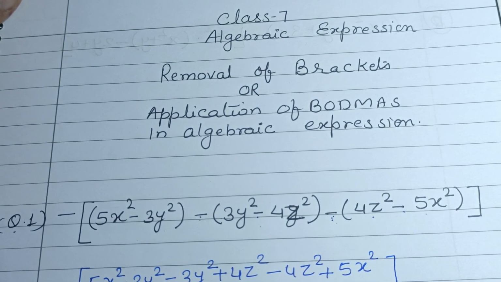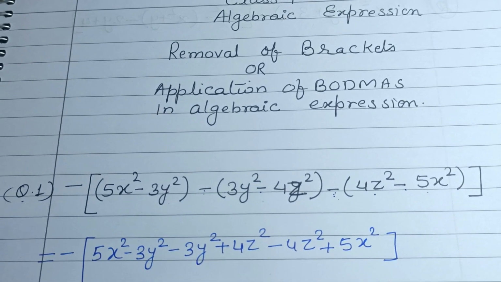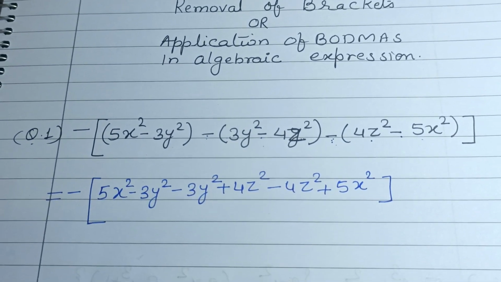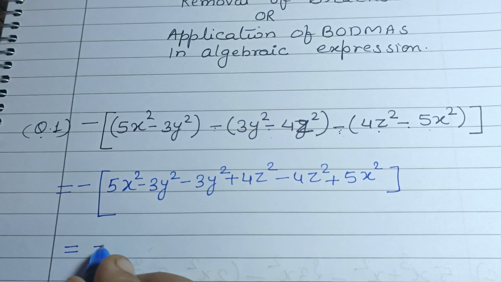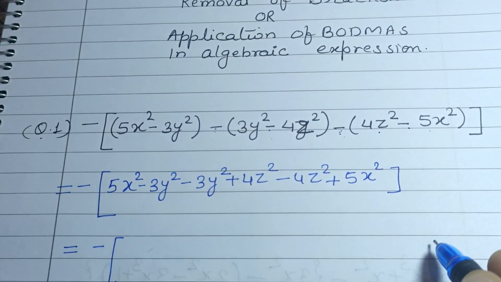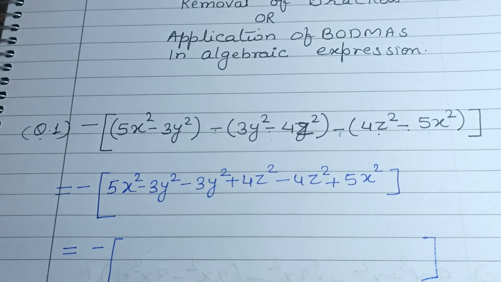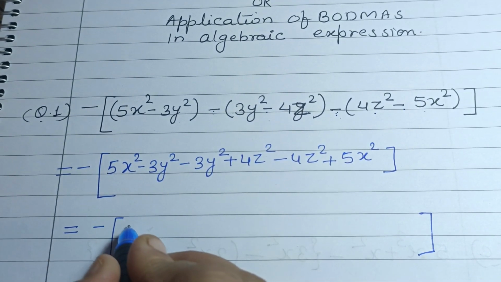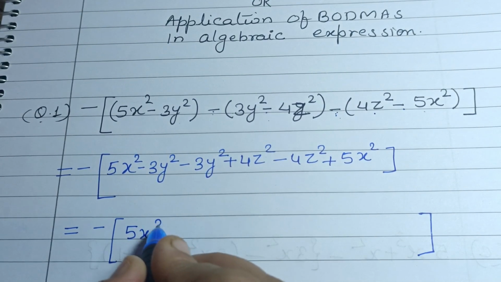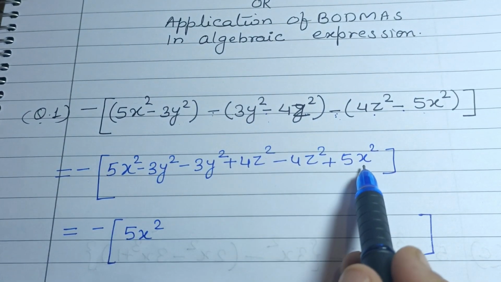Now after opening the small bracket, it is required to rearrange the like terms together in the big bracket. So just put the big bracket, and inside it I am going to rearrange the like terms together. So 5x square. Now what is the other 5x square?